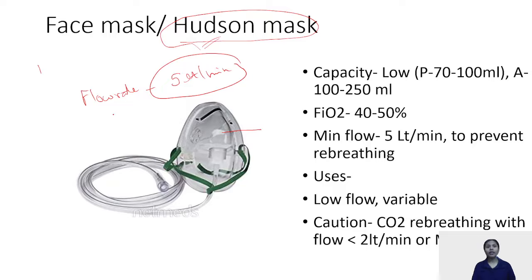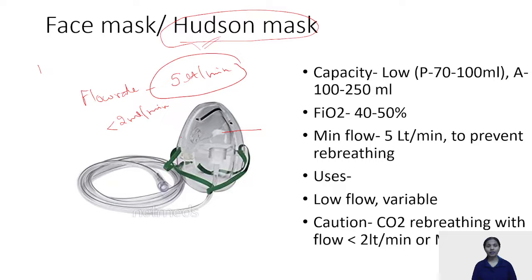If we give a flow rate of less than 5 liters per minute via a Hudson mask, this part of the mask becomes a reservoir for the exhaled CO2, and thus we can have more rebreathing. So a minimum of 5 liters per minute of gas flow is required via the Hudson mask in order to prevent CO2 rebreathing. I hope I'm very clear about the Hudson mask.